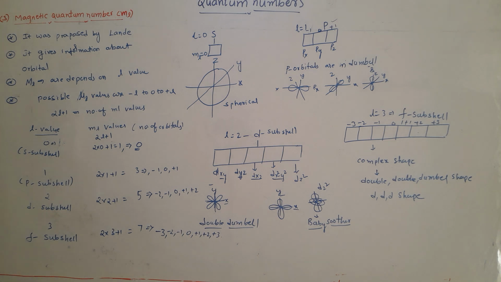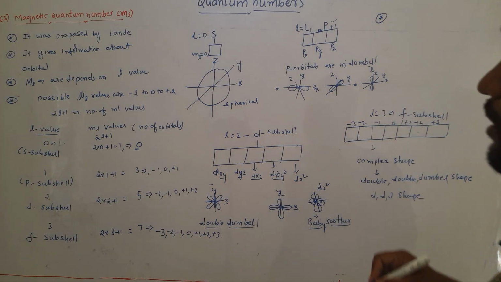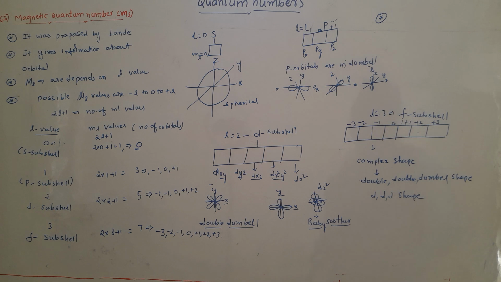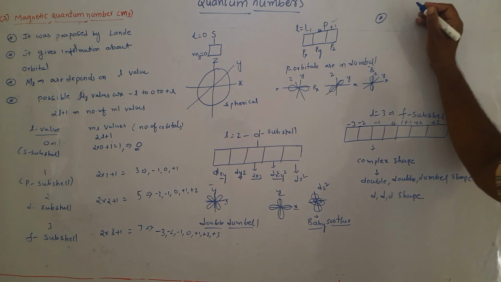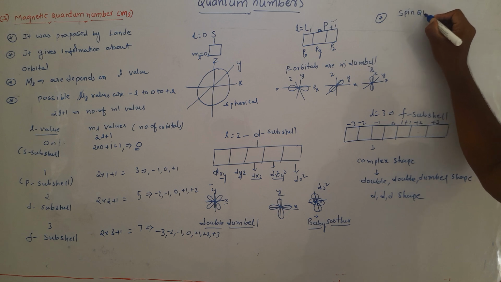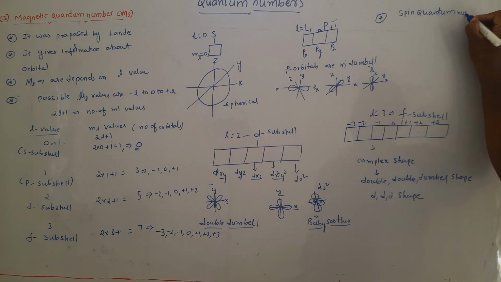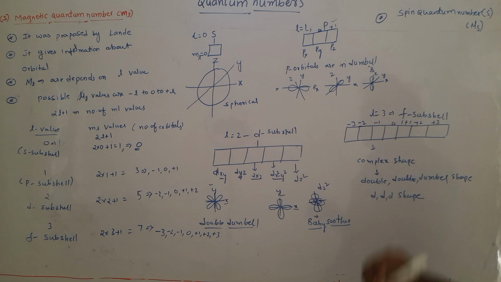And the last one is the spin quantum number. What is the spin quantum number? This is the fourth quantum number. It is indicated with s, or sometimes it is represented with ms also.